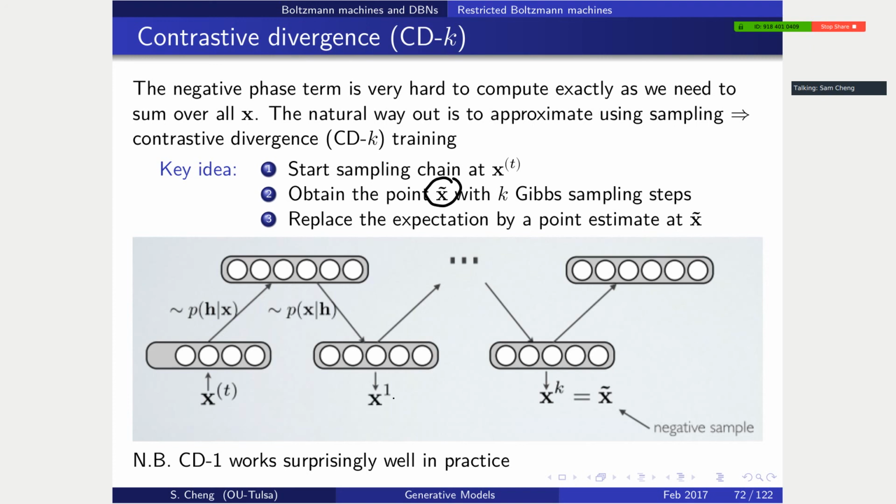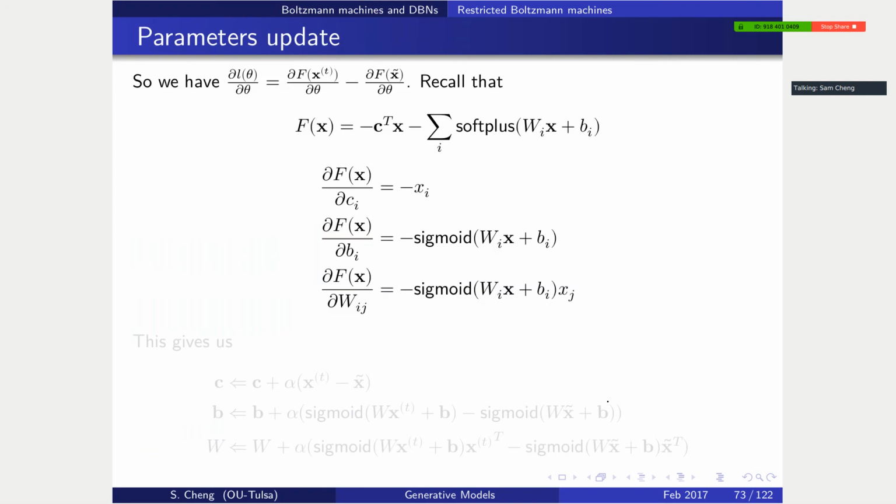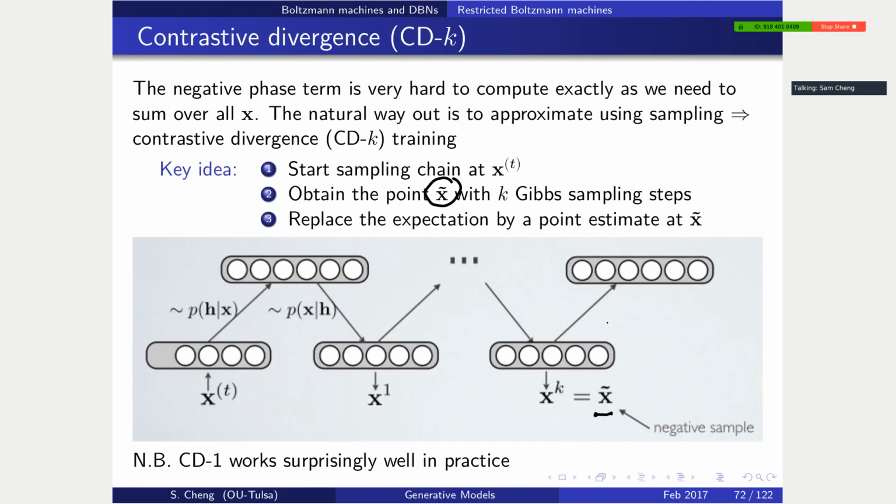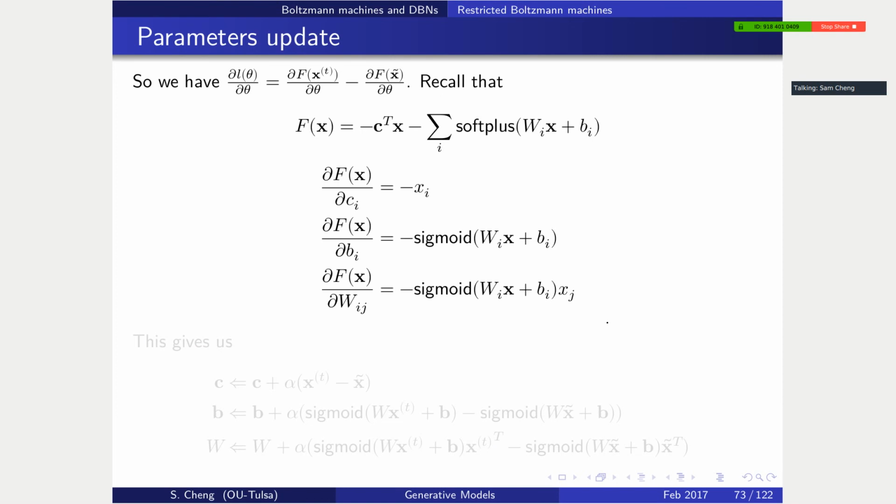And from h we can sample back x, and we can do it repetitively. In practice, we just do it k times, and afterward this x tilde will be the sample we are going to use. So as I said, instead of sampling many x here, we just take one x tilde and use that as a representative of the second expectation.